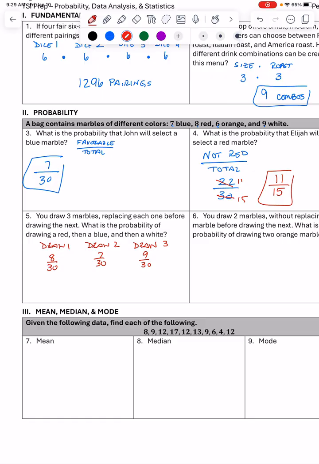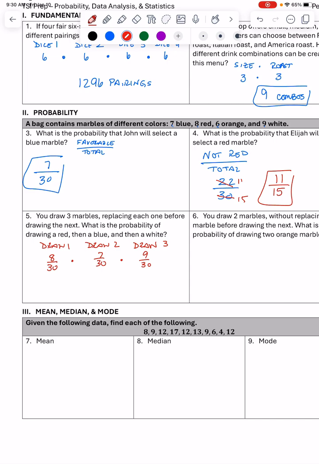Now this says we are replacing after each one, so there are 30 marbles each draw. We're going to combine this with that fundamental counting principle. The probability of draw 1 times the probability of draw 2 times the probability of draw 3 would give us our total probability.